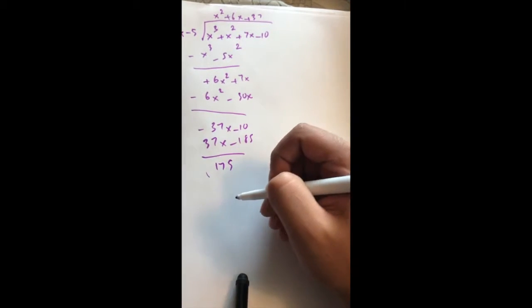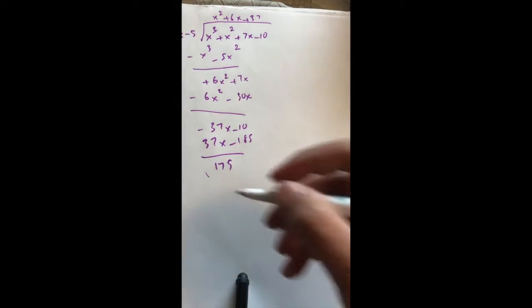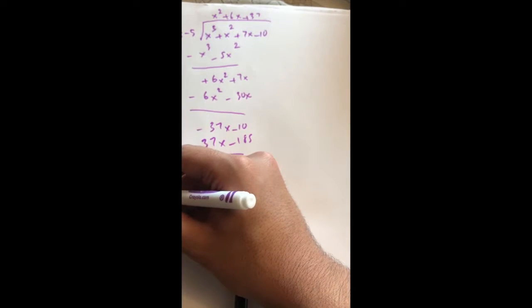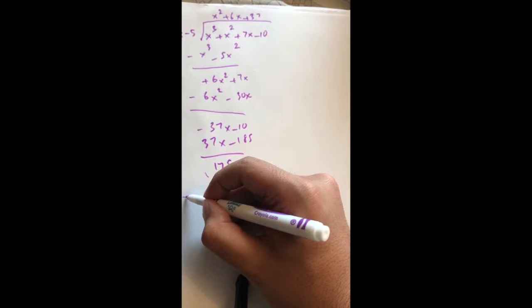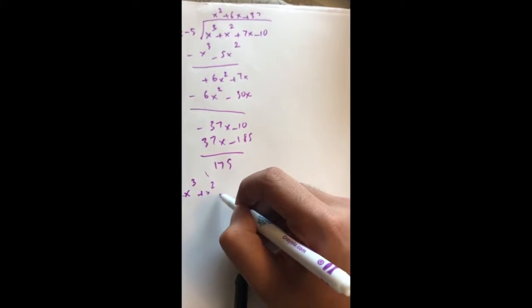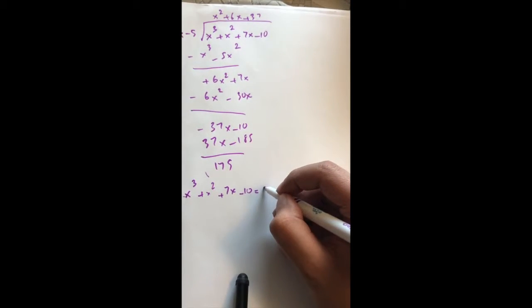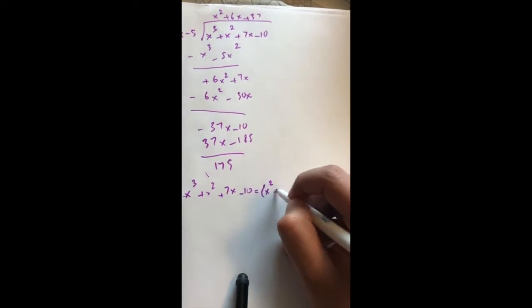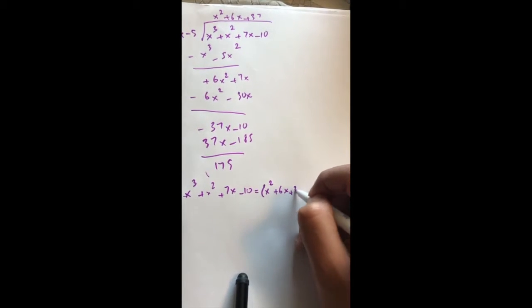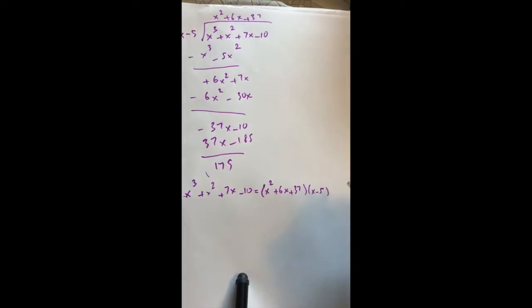It is the same concept as long division, but all we're doing now is multiplying x values together and subtracting and adding x values. But the basis is still the same. Now we can come up with our division statement. x cubed plus x squared plus 7x minus 10 is equal to x squared plus 6x plus 37 times x minus 5, and a remainder, which was 175.